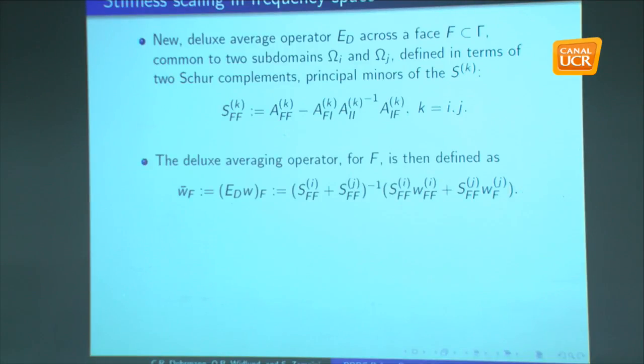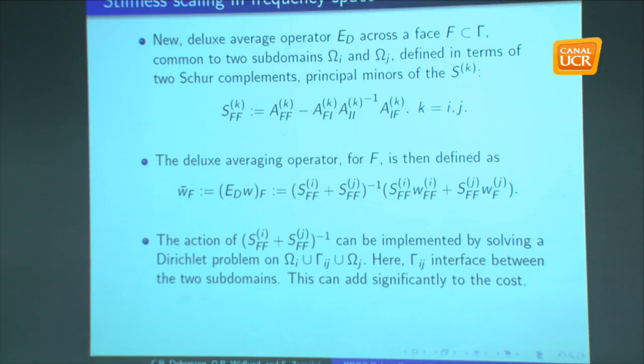And the Deluxe averaging looks like this for a face. We take the values, which typically are not the same, they should be the same, of course, in convergence, multiplied by these Schur complements, and then we solve this system. If these happen to be the same, this is just the identity map. The action of this can be implemented by solving the Dirichlet problem on the union of the two subdomains and the interface in between.